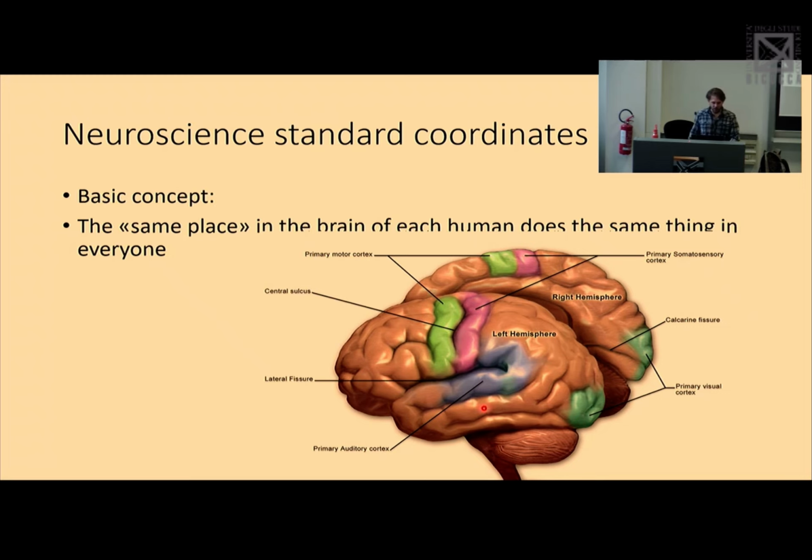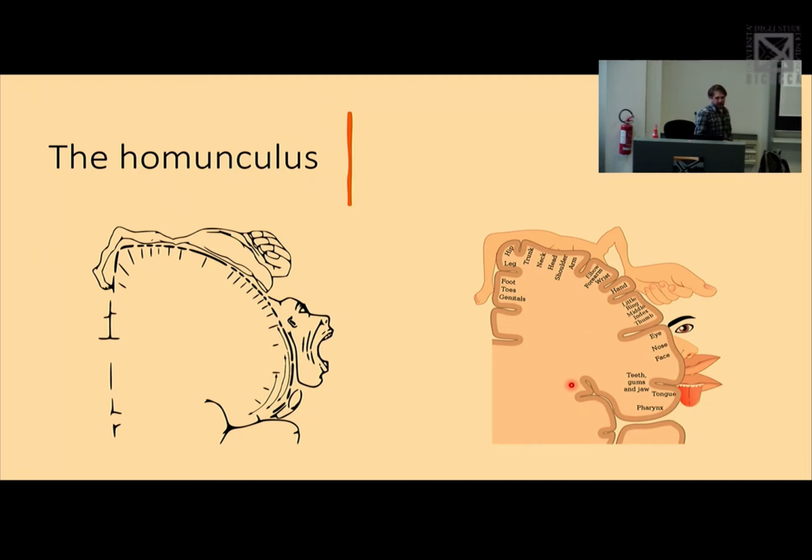Then we have the auditory cortex, the primary visual cortex, and so on. Indeed, they came up with the concept of the homunculus, which is the projection on the motor cortex and the sensory cortex of the human body, with the shapes distorted by how much they're represented on the gray matter cortex.